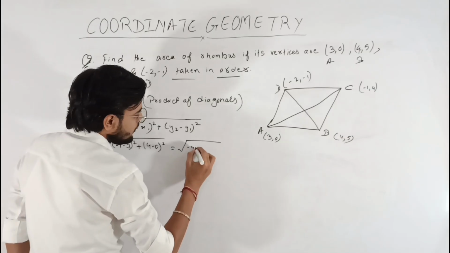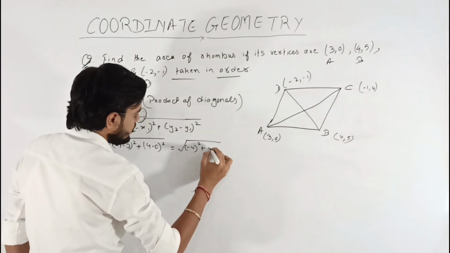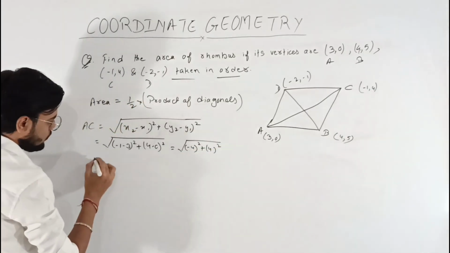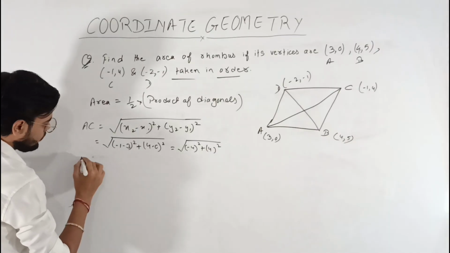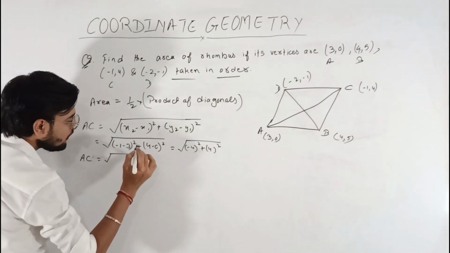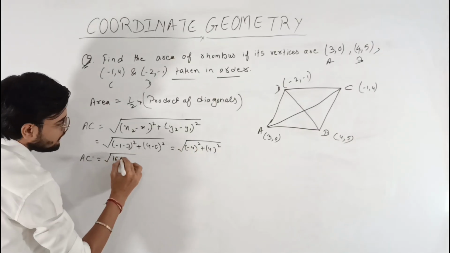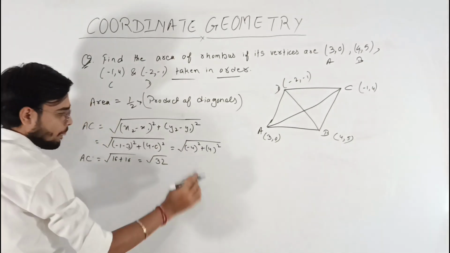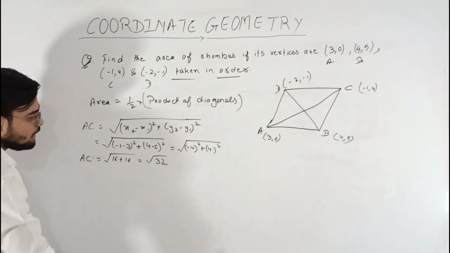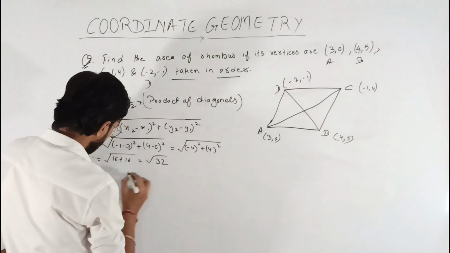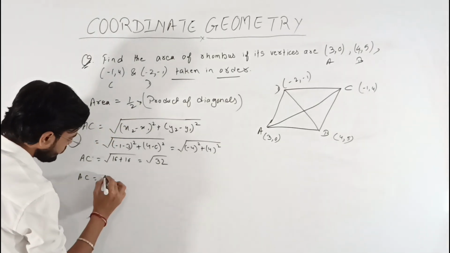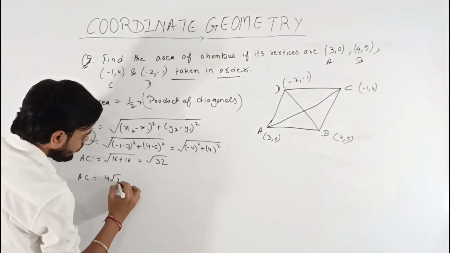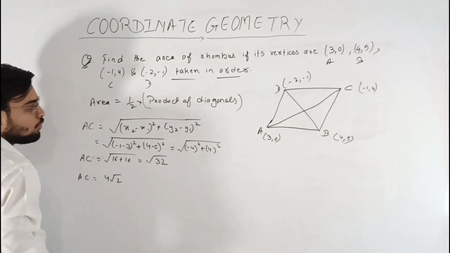Minus 1 minus 3 becomes minus 4 square plus 4 square. So AC is under root 16 plus 16, which is equal to under root 32. We also write 32 as 4 root 2. Okay, now AC is 4 root 2.